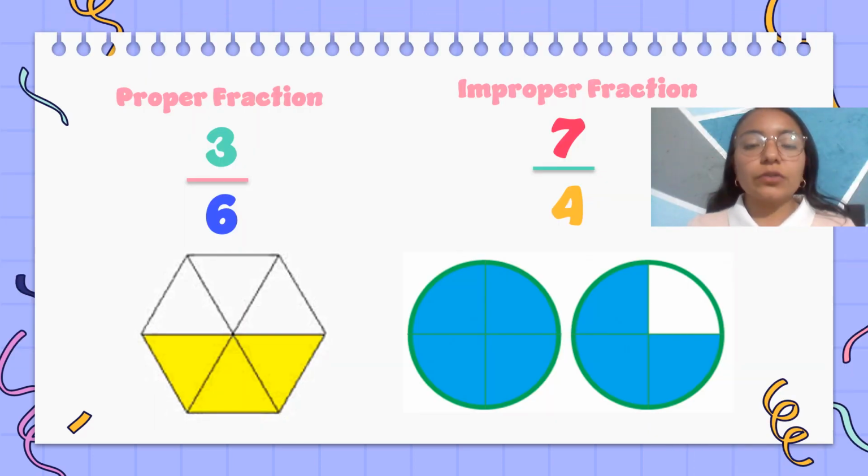Let's know the three types of fractions that exist. Number 1. Proper fractions are those in which the numerator is less than the denominator. For example, 3/6. Number 2. Improper fractions. There the numerator is greater than the denominator. For example, 7/4.